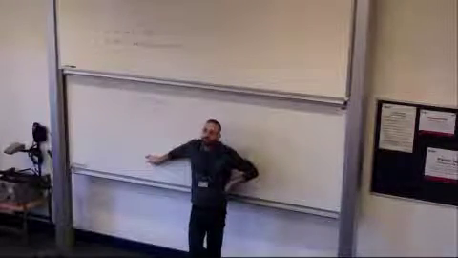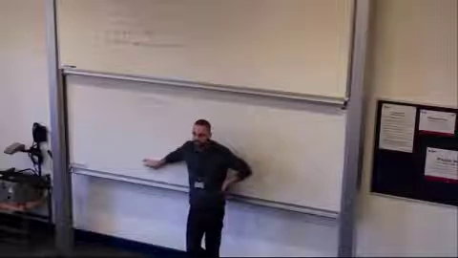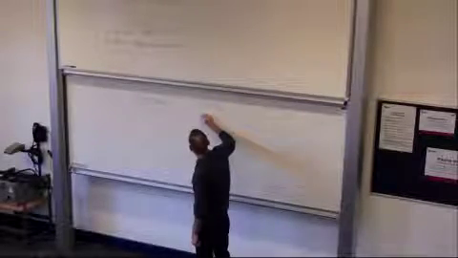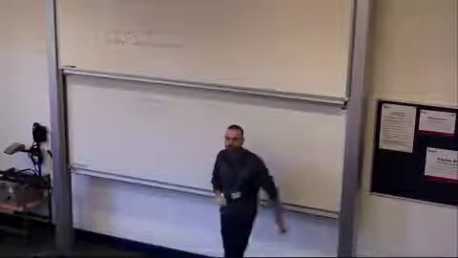This is a system of two equations in three variables. At first, what is the rank of this system? What's the matrix associated to this? 1, minus 1, 4. 0, 1, minus 1. Are you with me? What's the rank of this matrix? It's 2. The rank is 2.